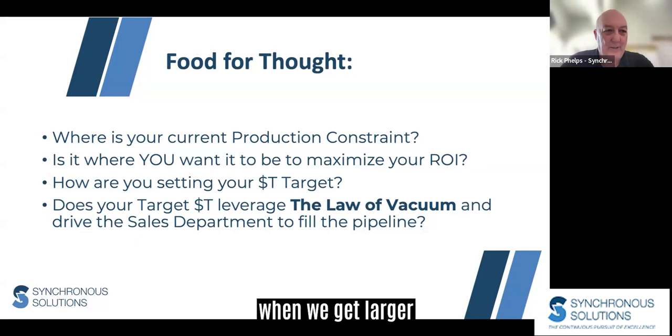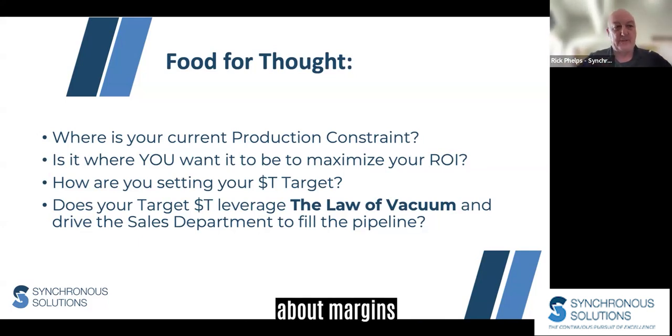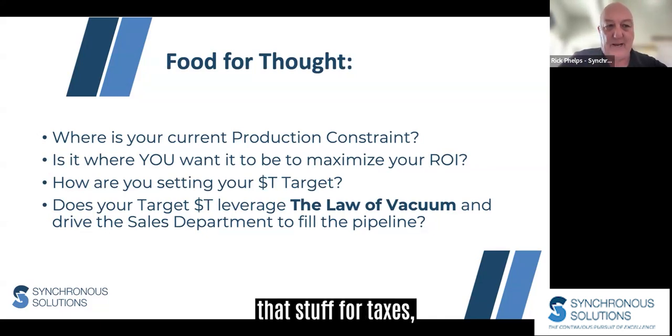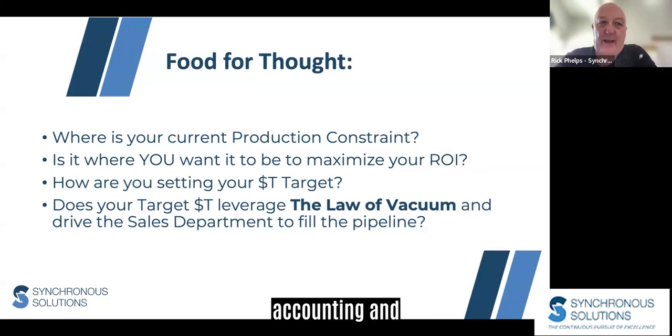It's somehow when we get larger in businesses that we complicate the crap out of things, and our accountant helps us do that by putting together profit and loss and talking about margins and all this other honestly nonsense. You need to do that stuff for taxes, but you don't do that analysis for making the business decisions in your business. That's what throughput accounting and throughput dollars are for.